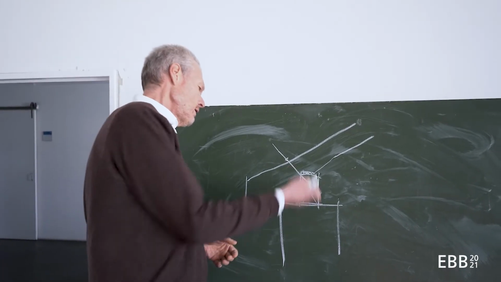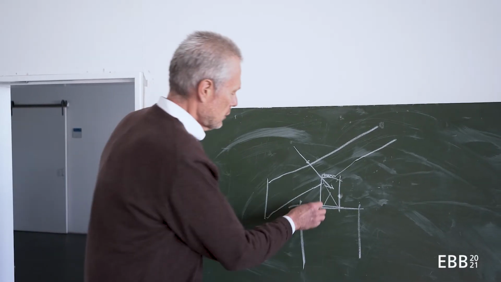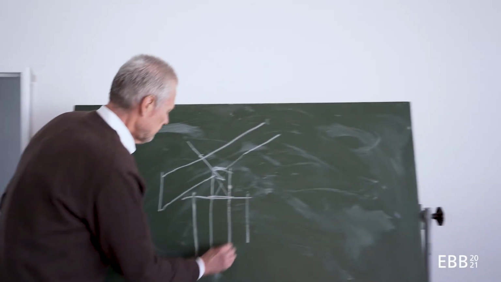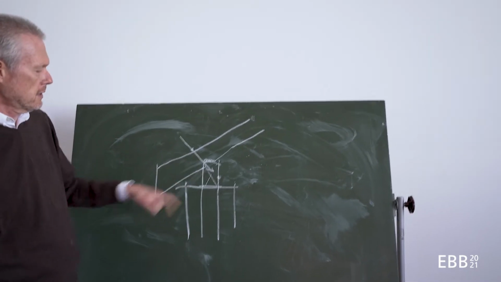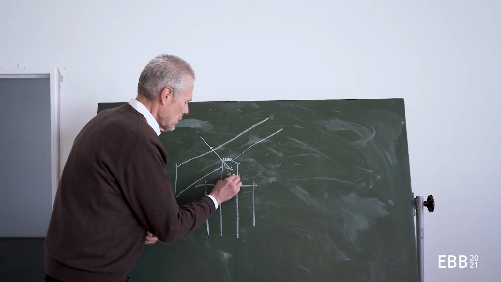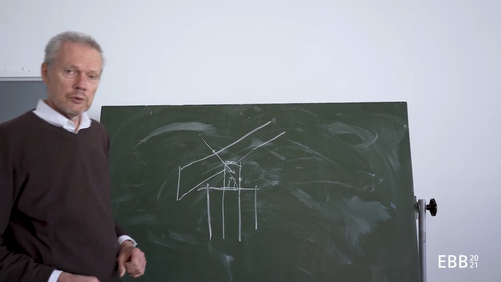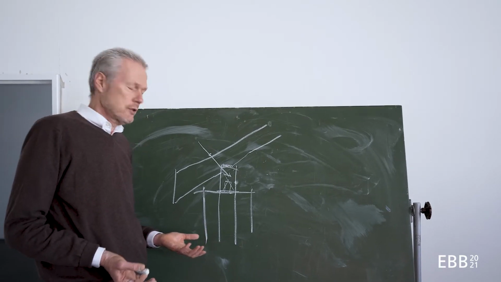So now I can either put this on a wall, or I could continue here with the base purlin, put it on columns, and create a wooden wall construction.